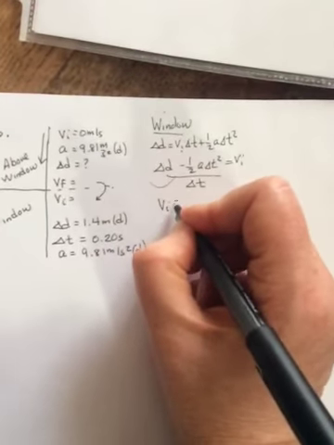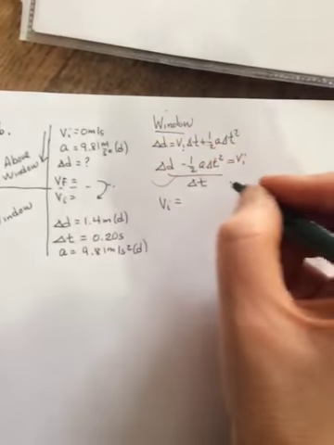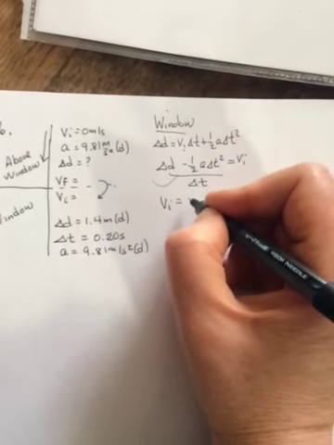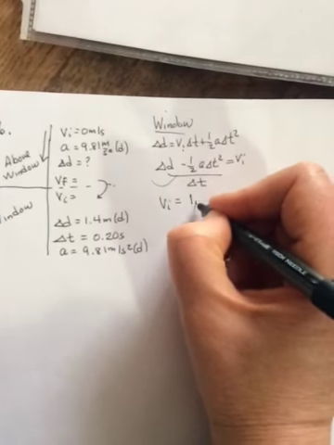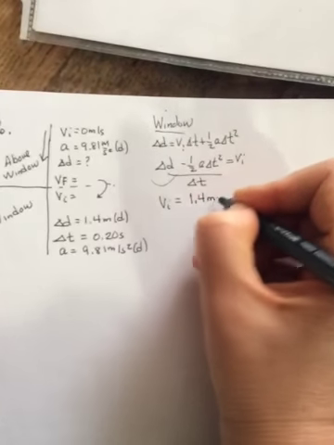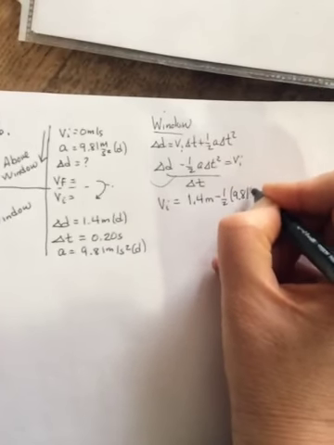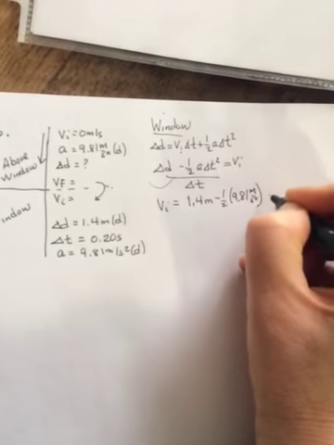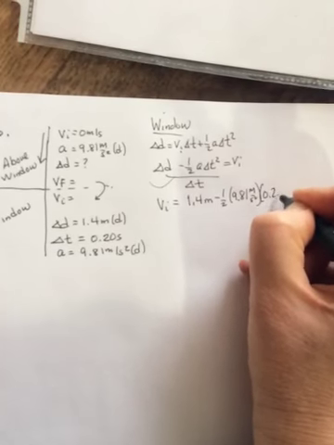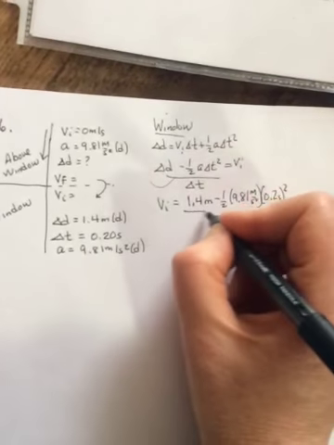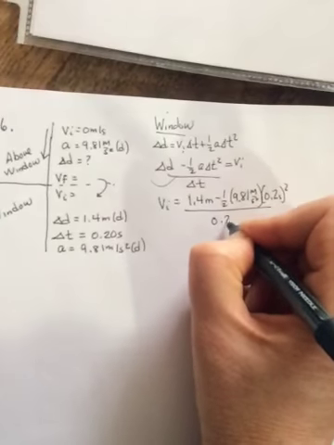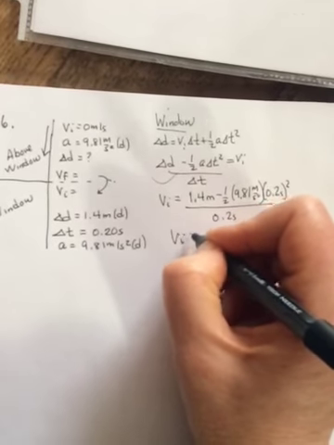So VI equals. Now everything's going down here, so we don't have to call down negative. We can call it positive because there's nothing going up. So 1.4 meters minus 1/2, 9.81 meters per second squared, times 0.2 seconds squared, divided by 0.2 seconds.